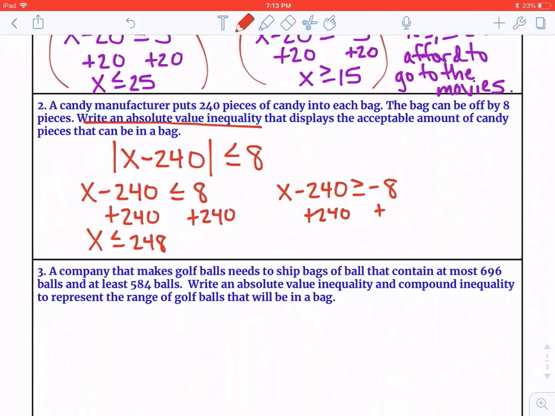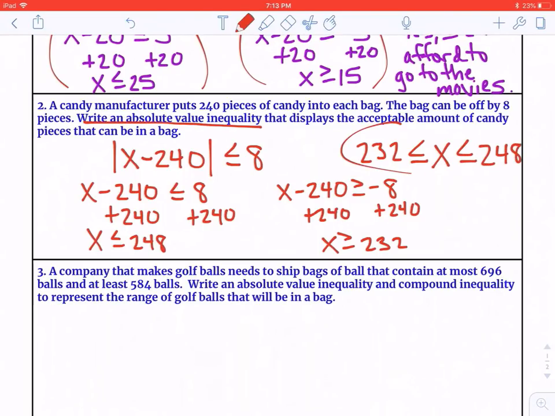And if we add 240 over here on the right, we get x is greater than or equal to 232. So our compound inequality would be that x is greater than or equal to the smaller number of 232 and less than or equal to the larger number. So it would be somewhere in between there.